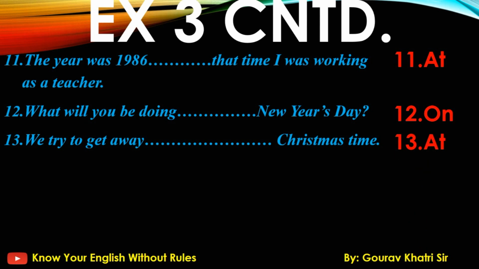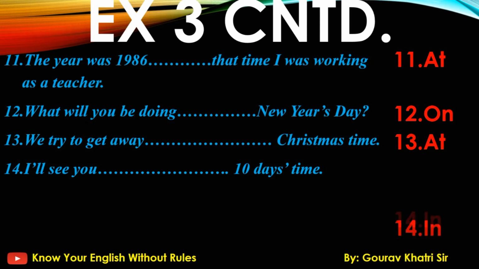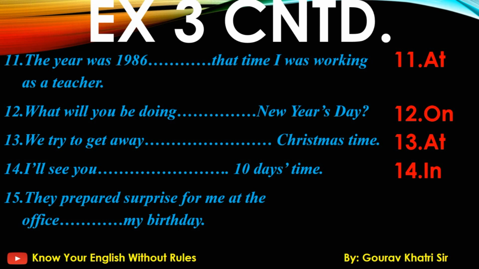So you say at Christmas time. Next one, I'll see you dash 10 days time. Well, just before this exercise you practiced it. In dash days time. So in 10 days time, in 2 weeks time, in 6 weeks, you know. Number 15, they prepared a surprise for me at the office dash my birthday. It is a particular day, of course, on my birthday would be the right answer.